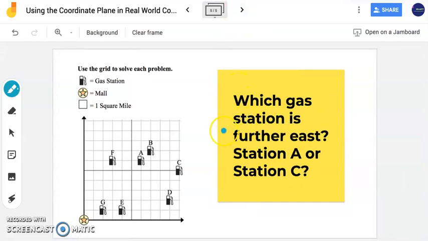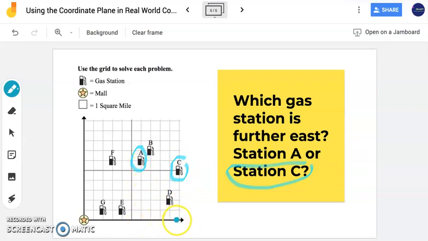Here it says which gas station is further east, station A or station C. I'm also going to circle station C and I'm going to circle station A. That's going to tell me which is further east, which has a larger x value. Now, indeed, that is station C here. Notice station C has an x value of 10, while station A has an x value of 6.